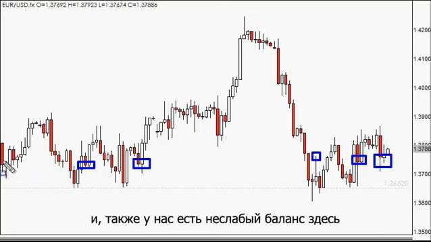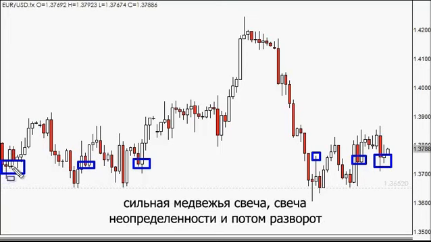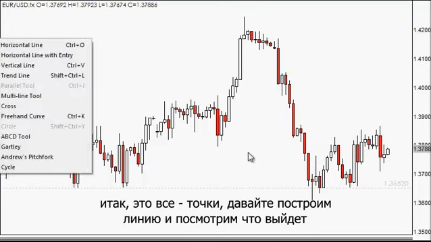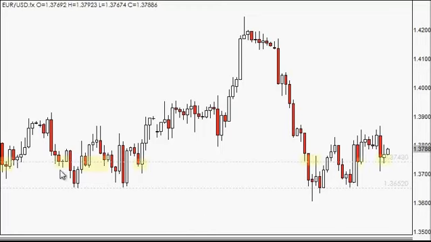And we've got almost a bounce there. Nice strong bearish candle, indecision candle forming at the bottom, and then a reversal. So these all sort of line up. Let's throw a line in and see what it looks like. Yeah, it looks pretty good.